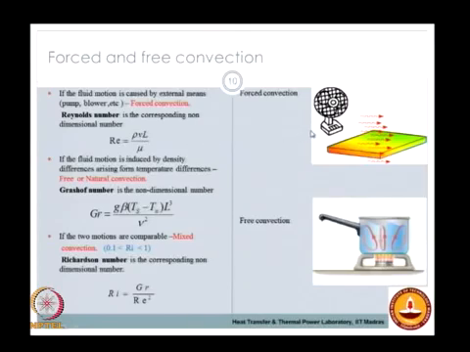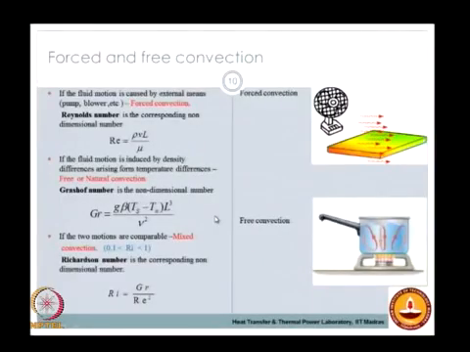Now this is one category of flows which we will be looking at in the initial part of the course. Most of the time there are flows where you do not have to put in any effort or really drive them, and they happen all by themselves. This happens due to density differences.